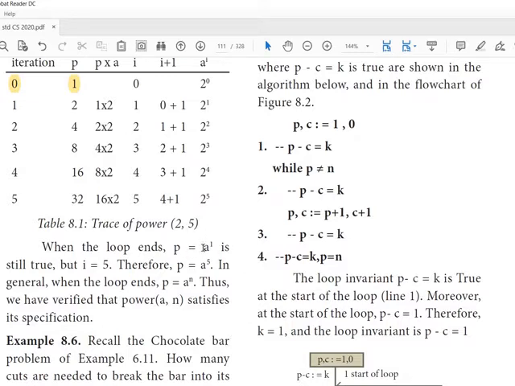The invariant is still true, but with i equal to 5, p is a to the power 5. In general, when the loop ends, p equal to a to the power n. Thus, we have verified that the power function satisfies its specification.